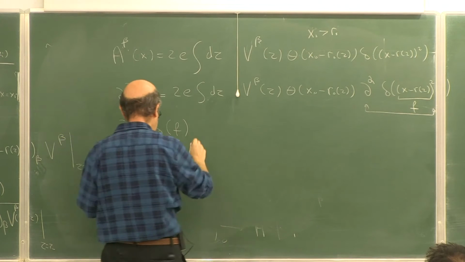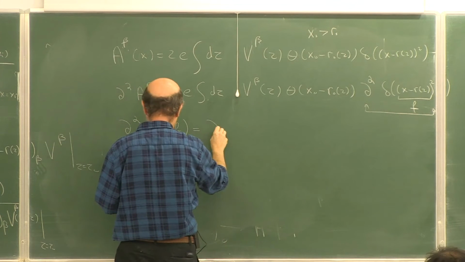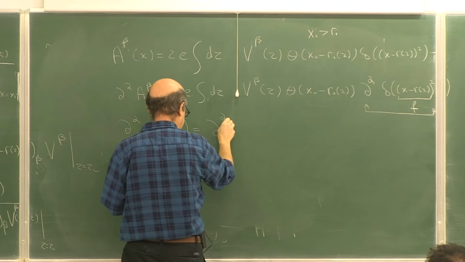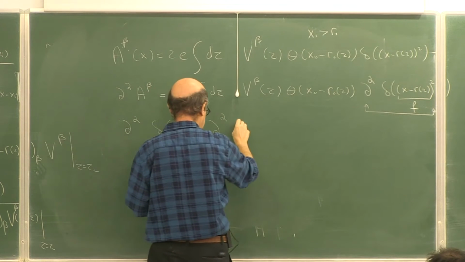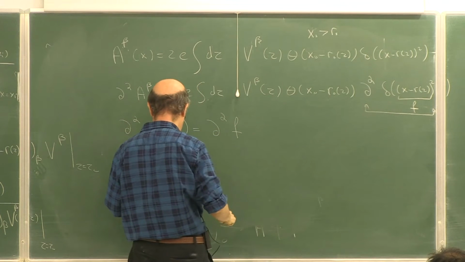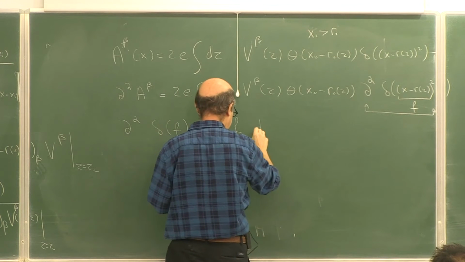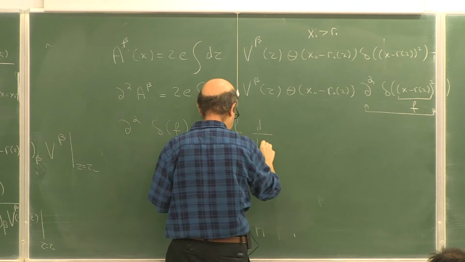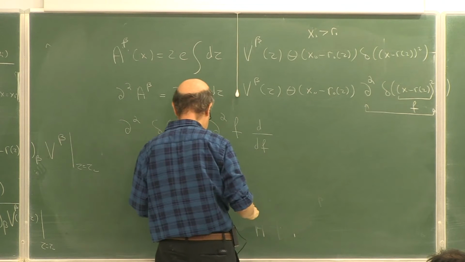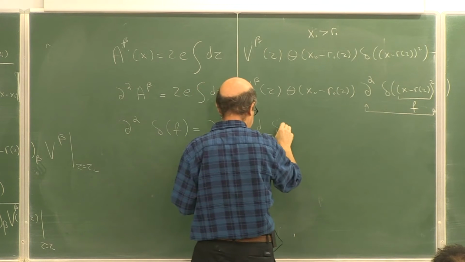This could be written as del alpha acting on f times d over df of the delta function of f.